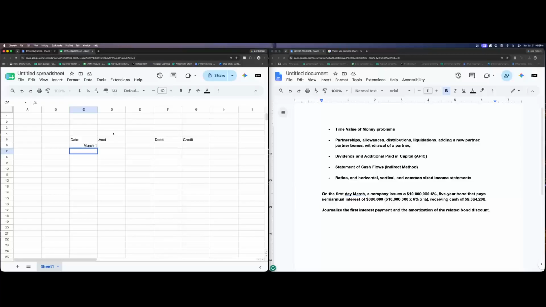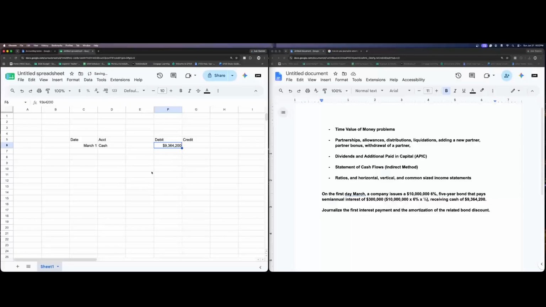So first off, we need to journalize the cash that was received. 9,364,200 is the amount of cash that was received.